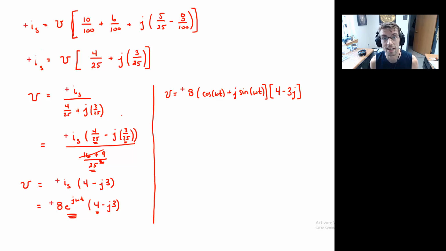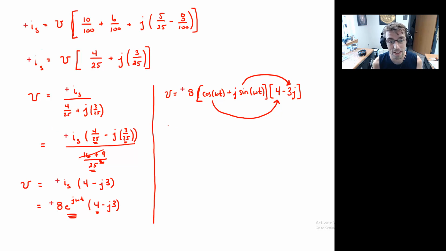And then don't forget that at the end, I want to throw out anything that has an imaginary number with it. And so we can see that the cosine is going to get multiplied by 4, and the sine is going to get multiplied by that 3. The other two terms, the cosine times the 3j and the sine times the 4, those will have imaginary components, and so we'll throw those out. So we're not worried about those at all.